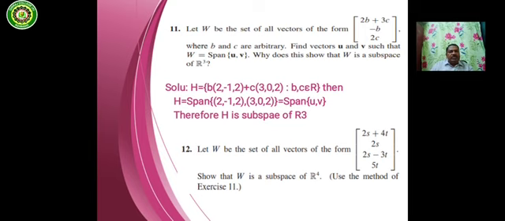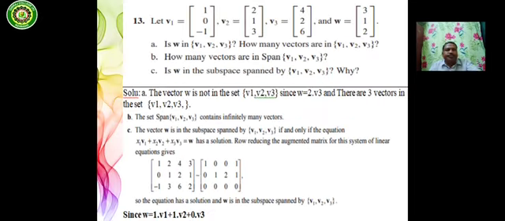So here also the elements of W are a span: s into some vector v1, and t into some vector v2. So v1, v2, and since there are 4 coordinates, we say that it is a subspace of R to the power 4.